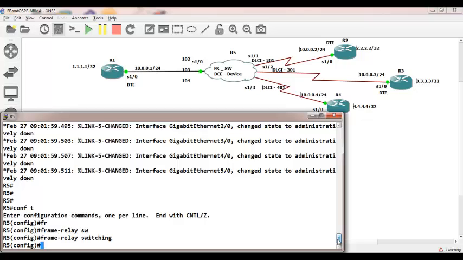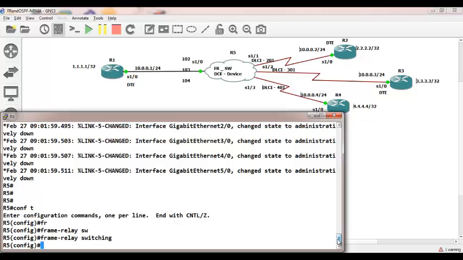By putting this command, you are making the router behave like a frame relay switch also. Which means what? It's a router, and at the same time, it is also a frame relay switch. If you want to use it as a router to send BGP, EIGRP, you can do that. But we are not going to use it like that. But if you want, you can do that.